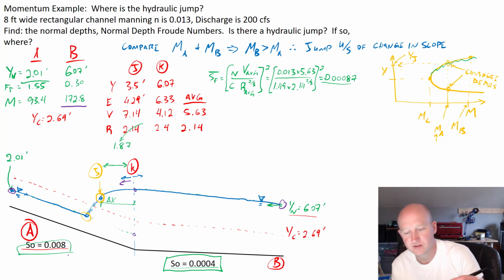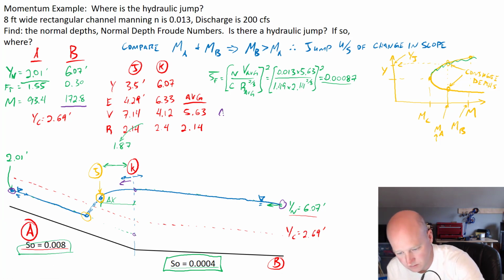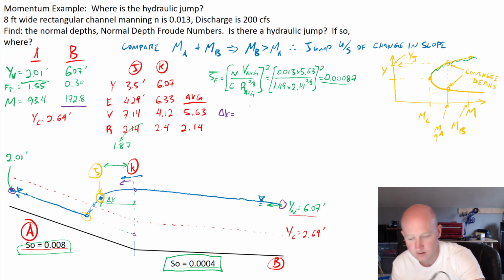Now we need to do our delta x calculation. So the delta x has us going from the energy of the downstream section minus the energy of the upstream section over the bottom slope minus the slope of friction.